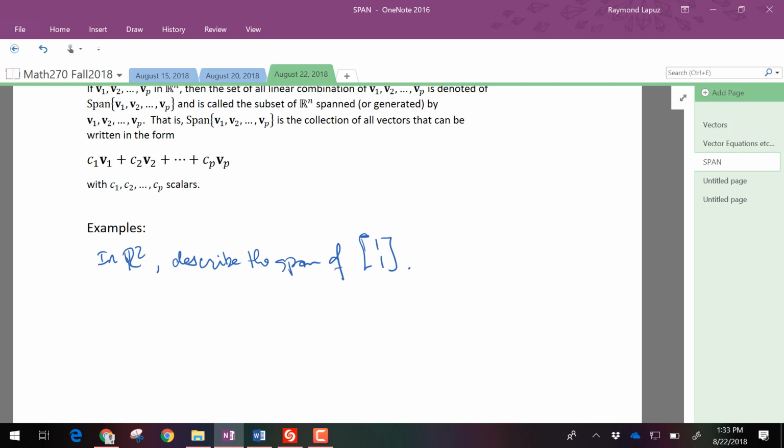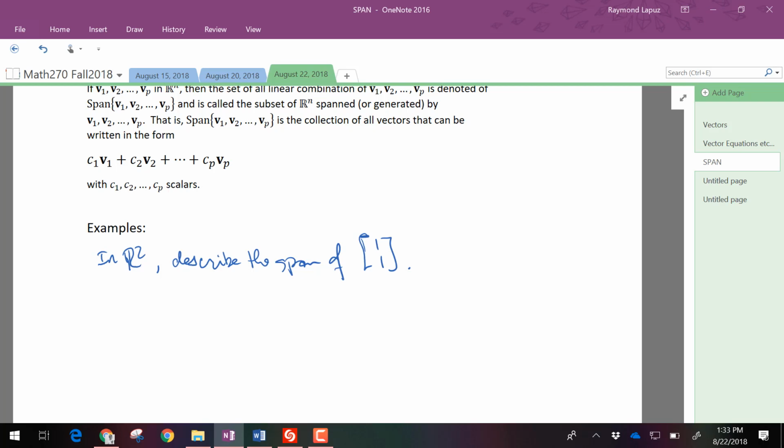Well, it's the linear combination of the set of vectors that we have, but we only have one vector. So what is the set of linear combinations of this one vector? Yeah, so it's just scaling the vector, right?